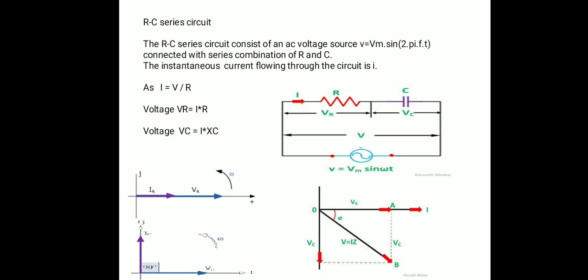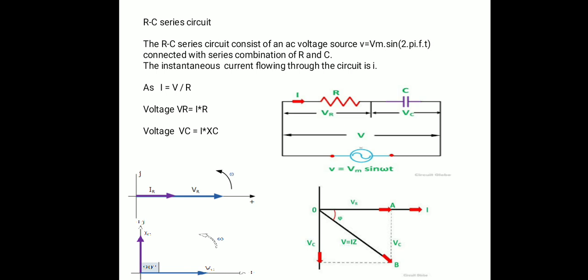What is the length of IR? It is the peak value of the sinusoidal current IR. And what is VR? It is the peak value of the voltage drop across the resistor. Next phasor diagram is for the voltage across the capacitor, Vc, and the current flowing through the capacitor, Ic. Draw any one phasor on the reference axis.